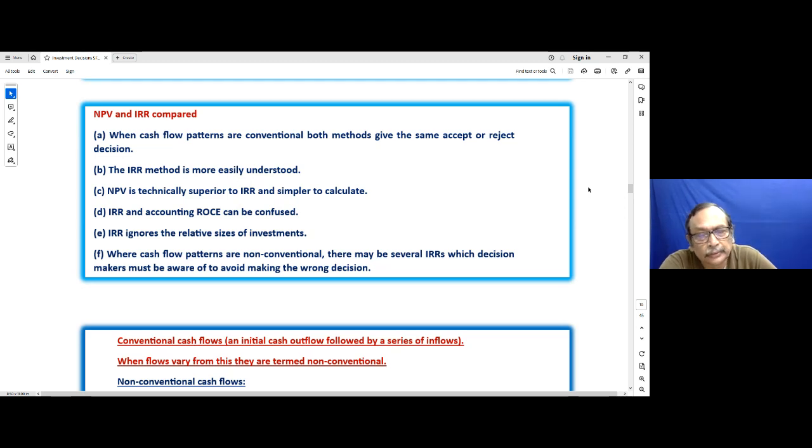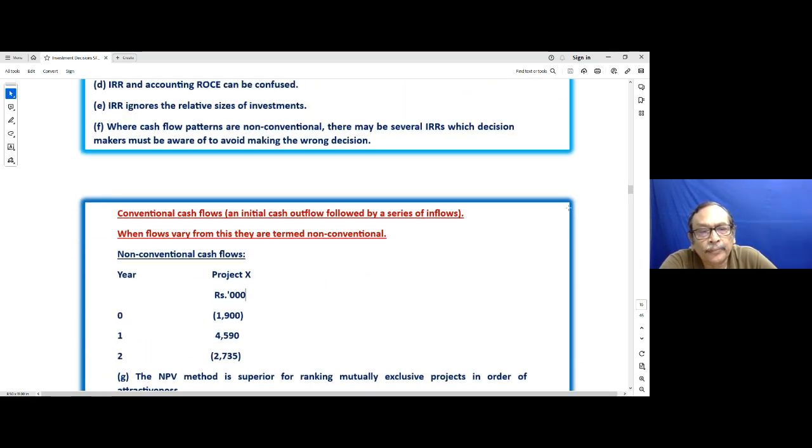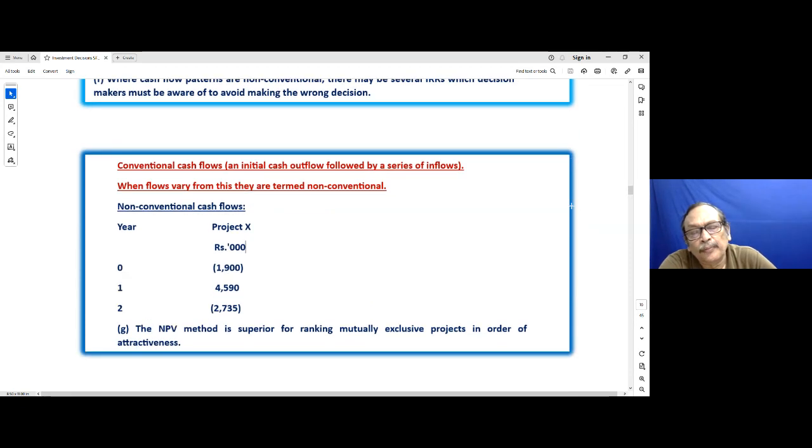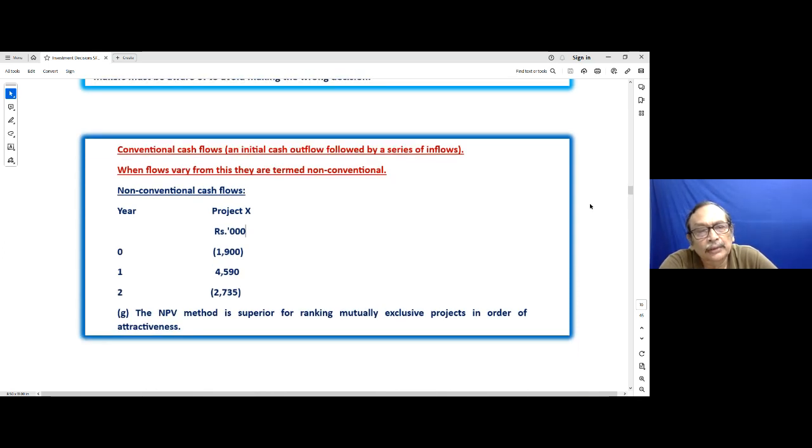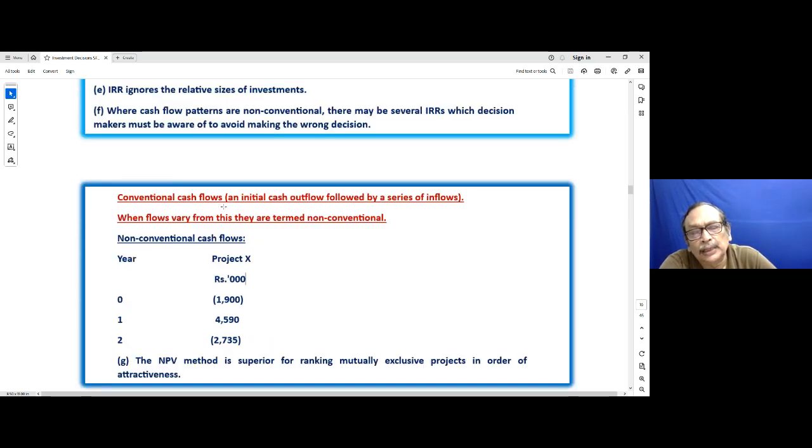Conventional means that every year there is an increase in the cash inflows, and non-conventional means that in the 0th year there will be a cash outflow, then in the first year there is a positive cash inflow, and in the second year there is a negative cash inflow. That is called non-conventional. Conventional cash flows means an initial cash outflow followed by a series of inflows.